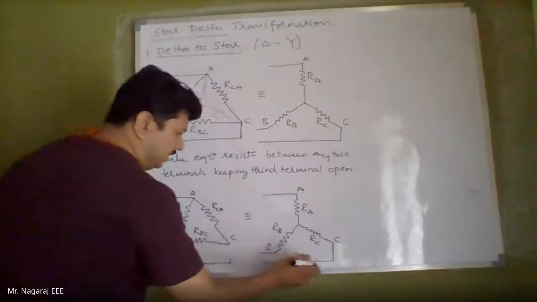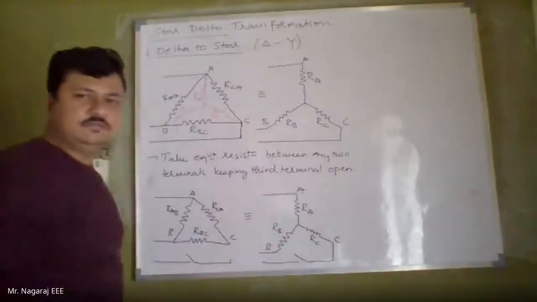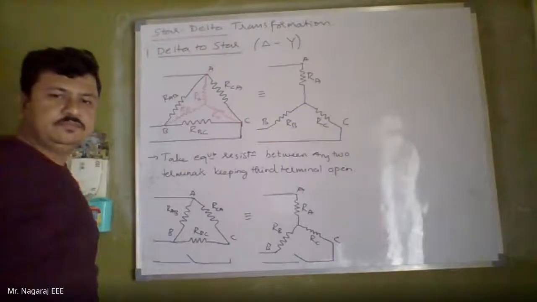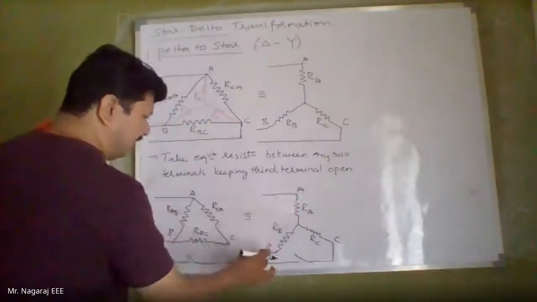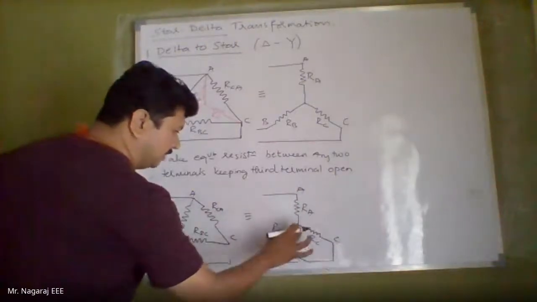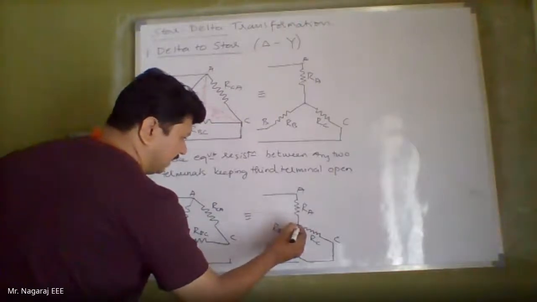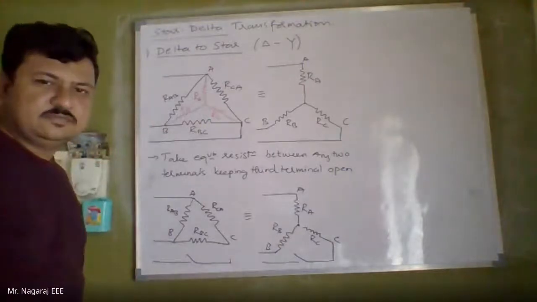Here, this line is open, so the contribution of RC in the circuit is 0. I need not consider the value of RC now. So the resistance between A and B is only RA and RB, because this doesn't have any connection here. Their node is not formed. Now RA and RB will be in series.